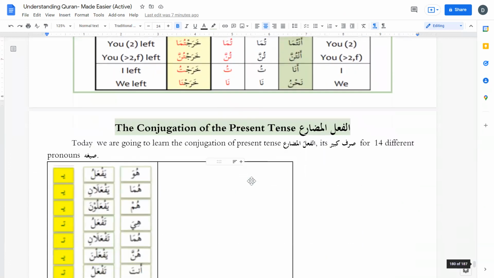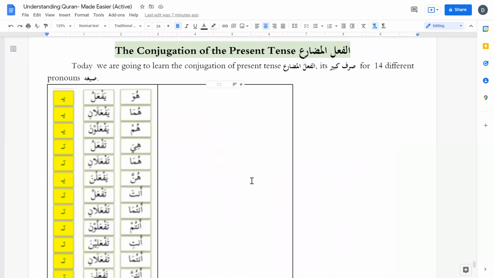The same way we have different endings in fi'l mudari also. So this is the conjugation, inshallah, we are going to study today.